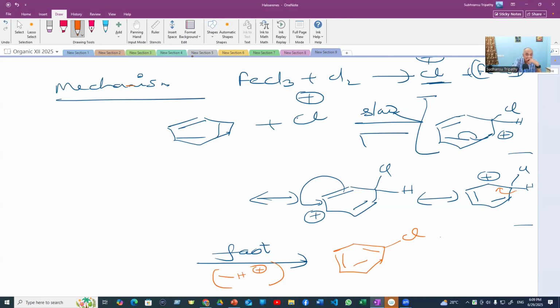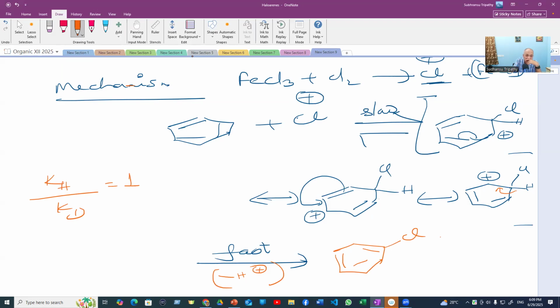Because the rate determining first step does not involve the breaking of the C-H bond. Had this step been slow, then definitely there would be a difference in the rate. Deuterated benzene would have been slower. Therefore, we learned that kH by kD is equal to 1.